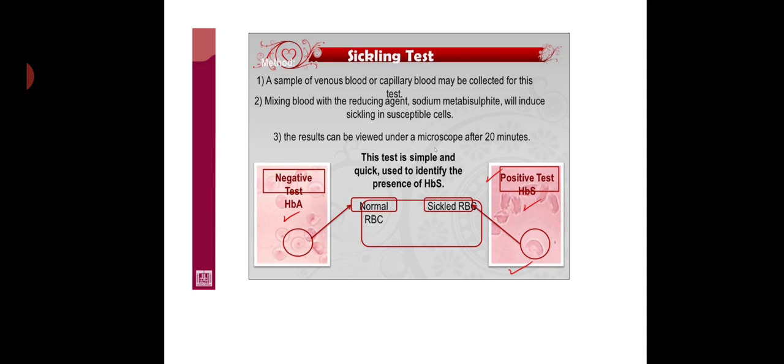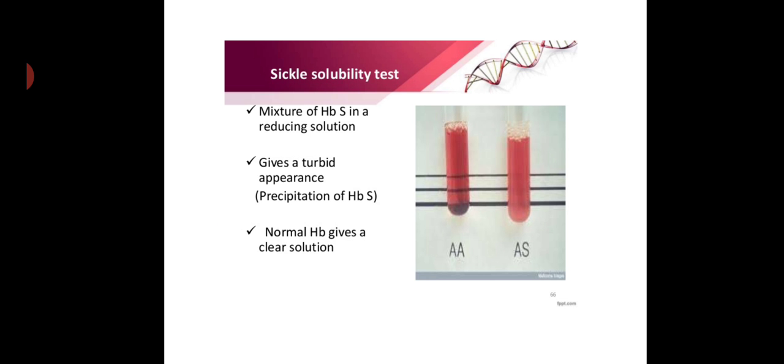So here you can see in a normal patient the test is negative, the RBCs are of normal round to oval shape, while in case of sickle cell anemia the test is positive. You can see the sickle shaped RBCs in the microscope.